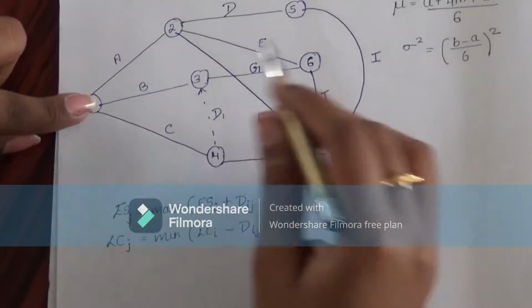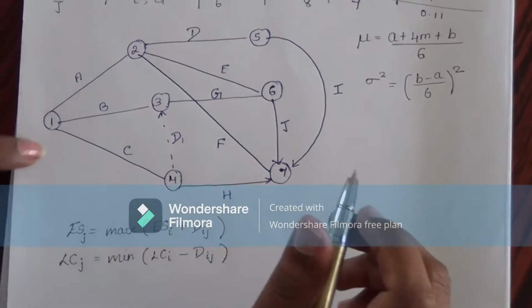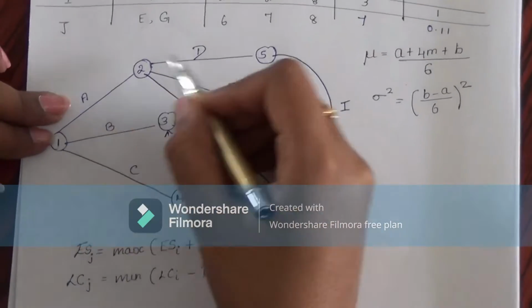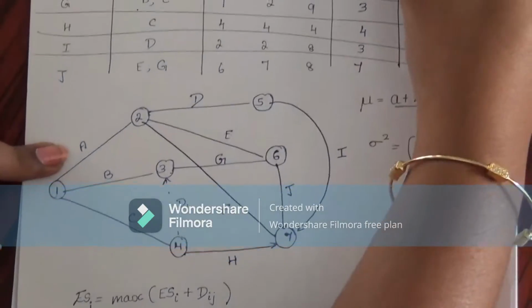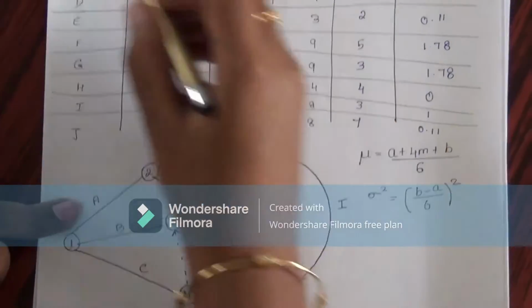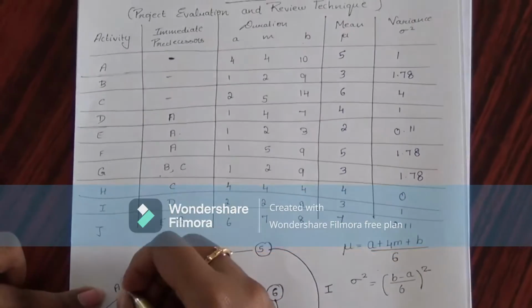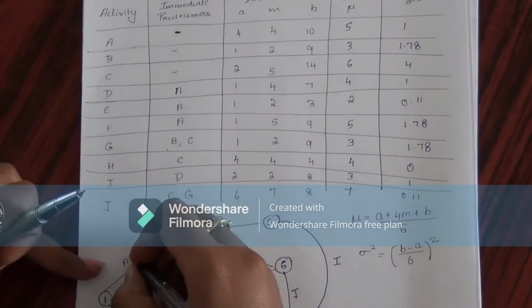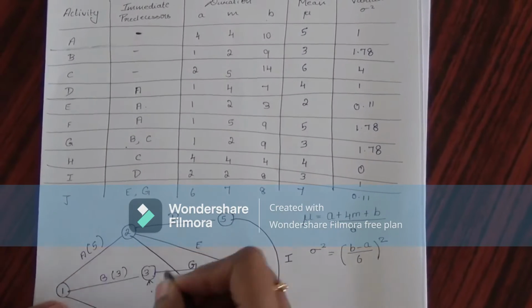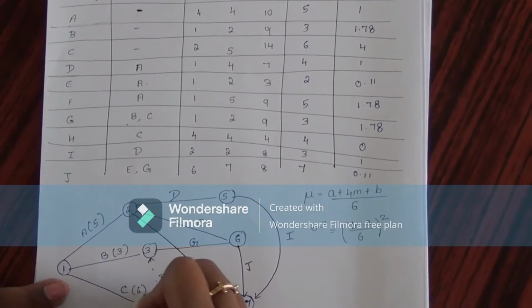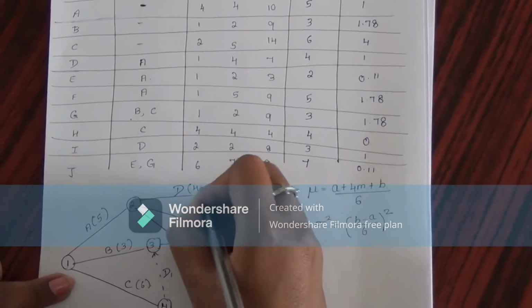So before calculating the earliest start time and latest completion time, I have to specify the distance between two activities. That will be nothing but the mean, which I have calculated. So for activity A, the mean is 5, so I am specifying it here as 5. For B it is 3. For C it is 6. For D it is 4.